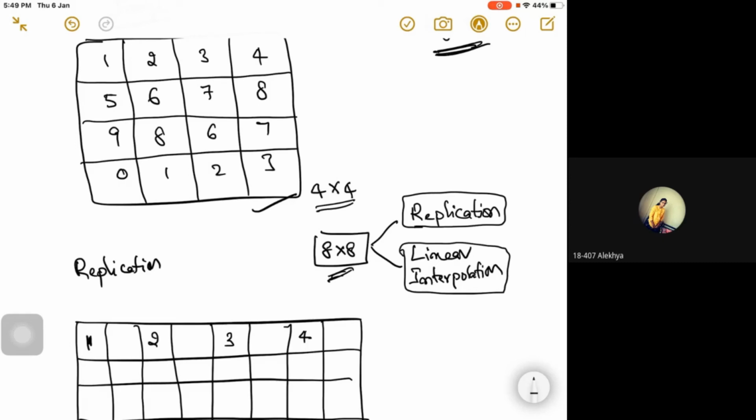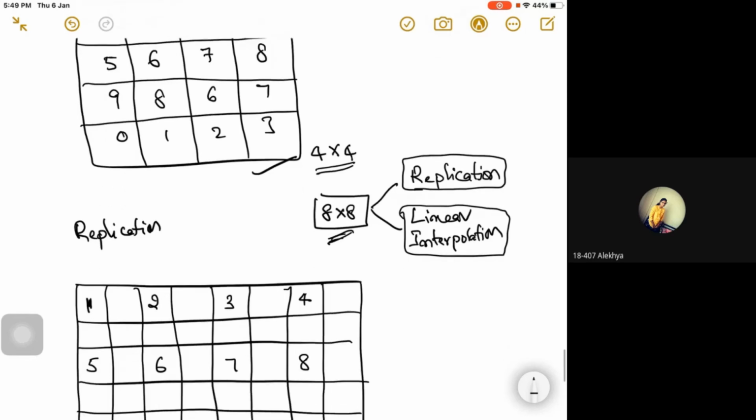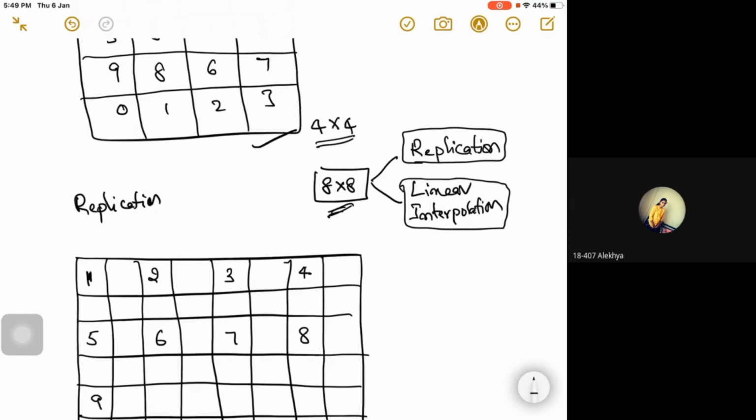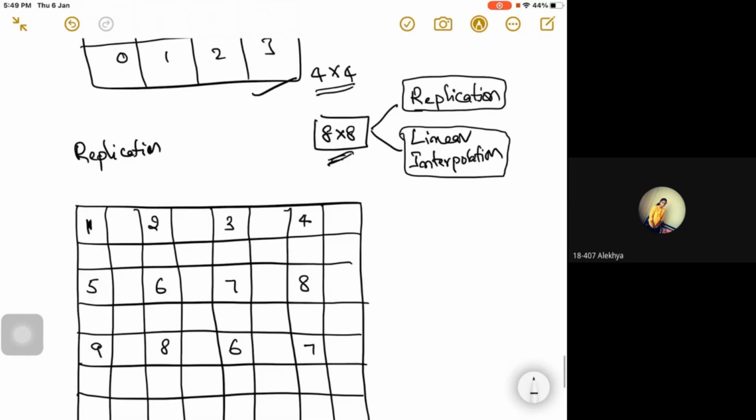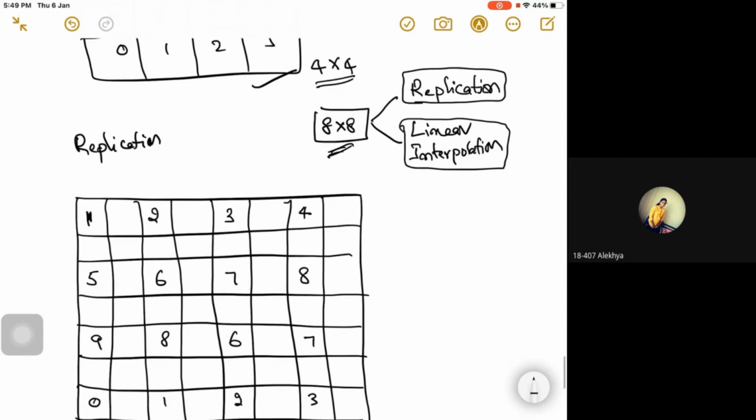Then similarly 9, 8, 6, 7, then 0, 1, 2, 3. These are the original intensity values.